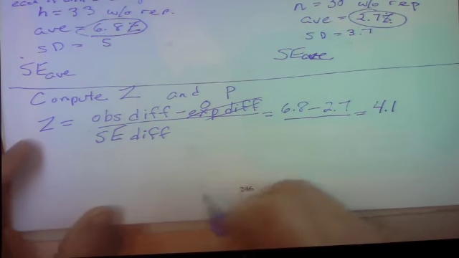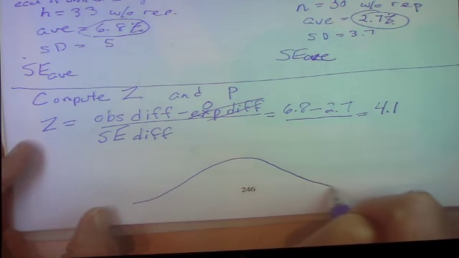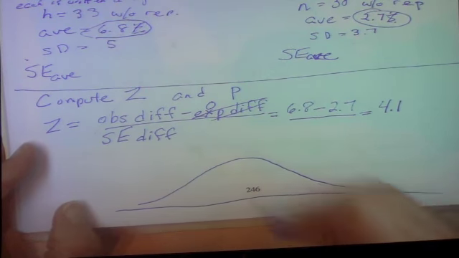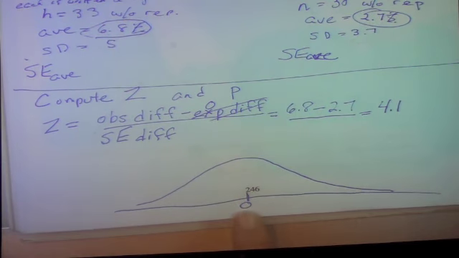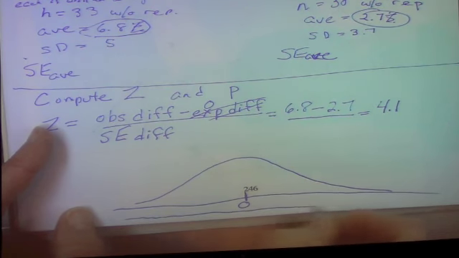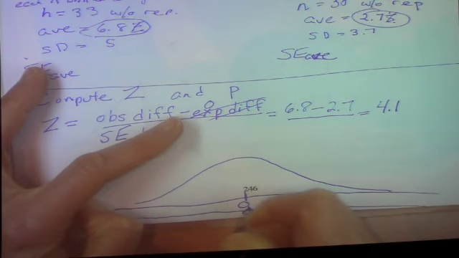Remember where we're headed. We're headed to this, right here, where there's our value, z. And our expected is also, gosh, I didn't leave enough room. That says a z, but our expected is also 0.